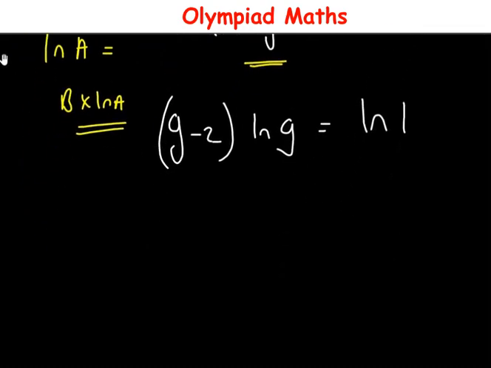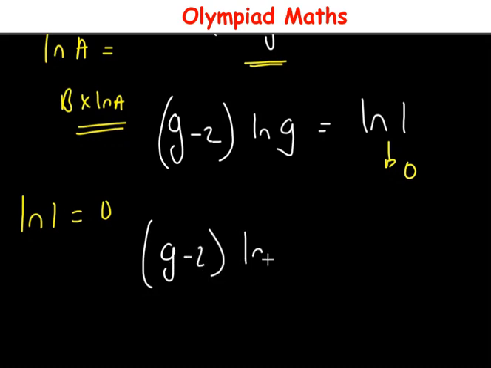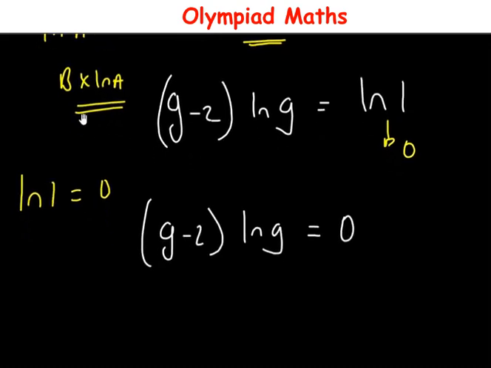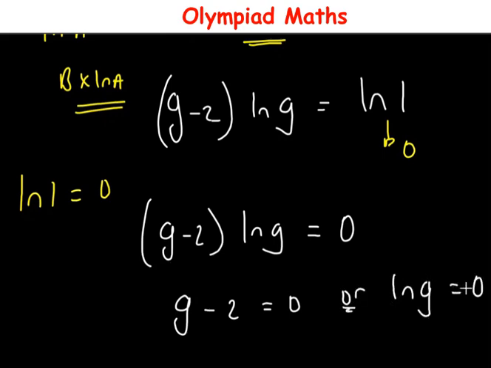Now, from here, the value of ln 1 is equal to 0. So this becomes 0, and what we have is, in brackets, g minus 2 multiplied by ln g is equal to 0. Now, at this junction, we can equate g minus 2 to 0 and equate ln g to 0. So we have g minus 2 equals 0, or ln g is equal to 0.